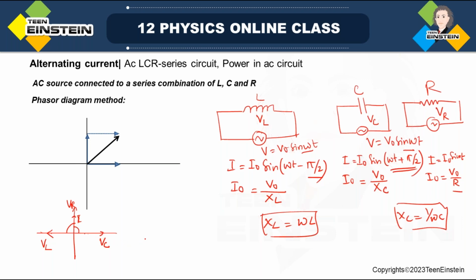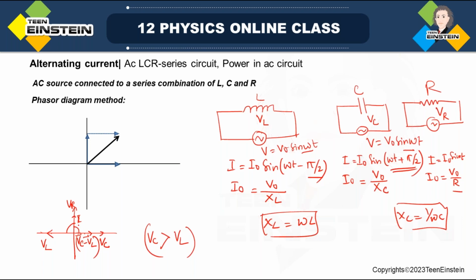I can think that VC has some greater value than VL, and at the same time this is negative and this is positive. So I can take the resultant of this, VC minus VL. I can take this as a vector as well. So this is VC minus VL and this is VR.